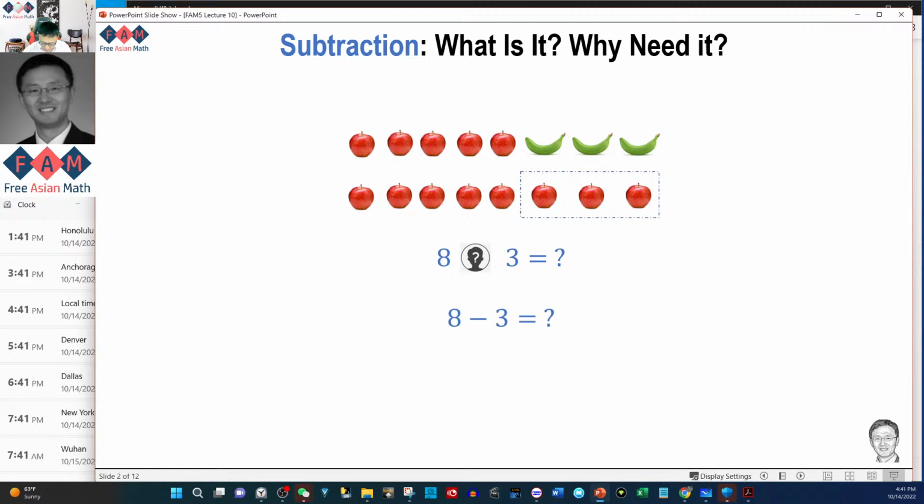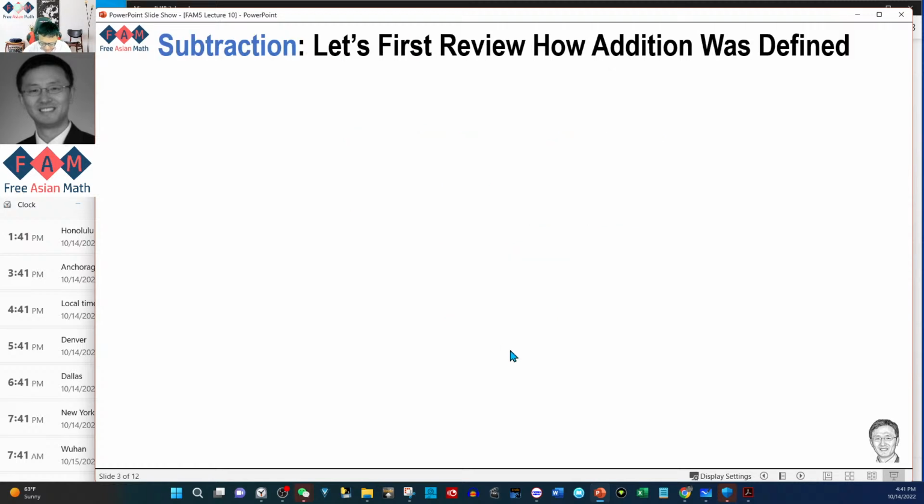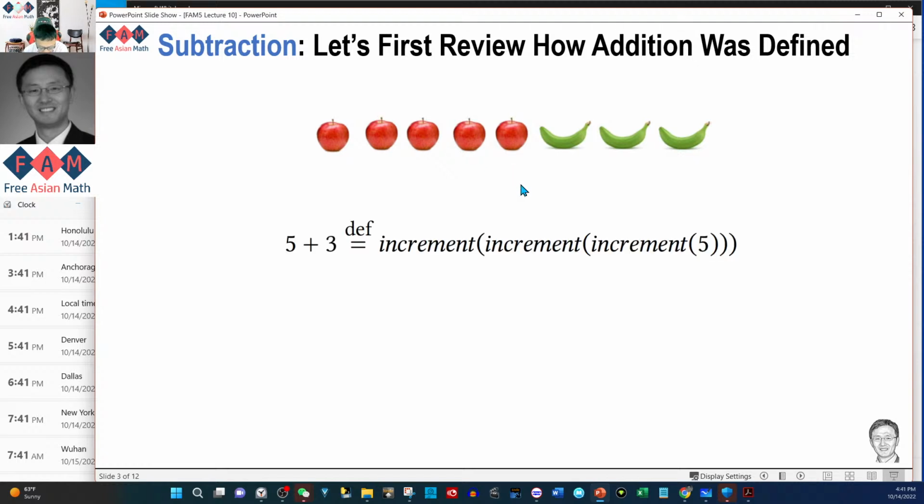Well, it helps if we can actually first review how we get addition, right? This should be very familiar to you guys now, but it always helps to review. So that's what we had. 5 apples, 3 bananas. We counted from 5 3 times.